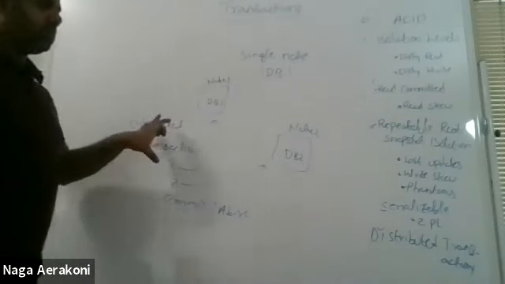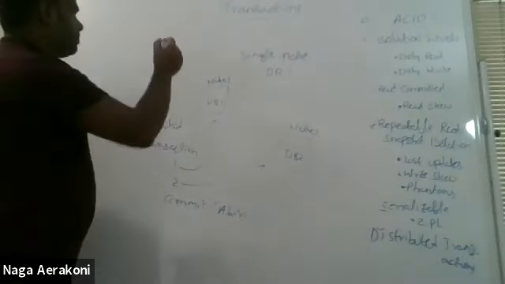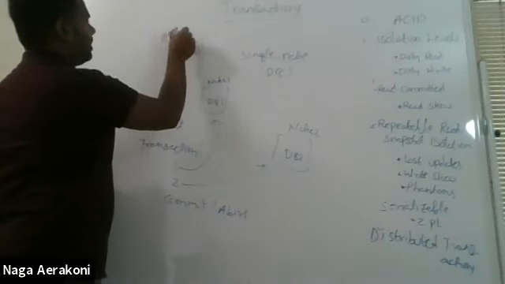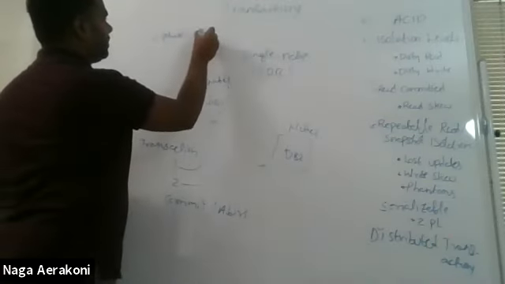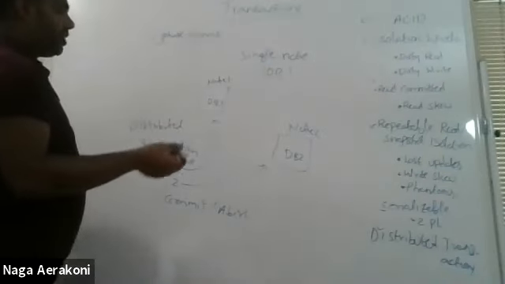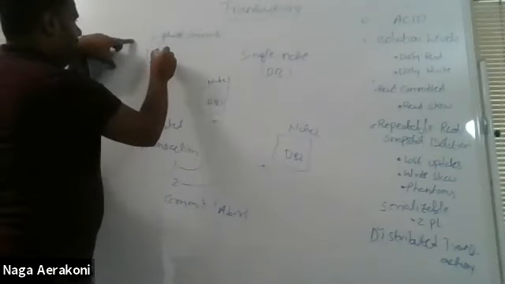So how distributed transactions normally work is you have two-phase commit. It is not two-phase locking, this is called two-phase commit. This is a protocol which is normally used. For this to work, you normally have a coordinator.